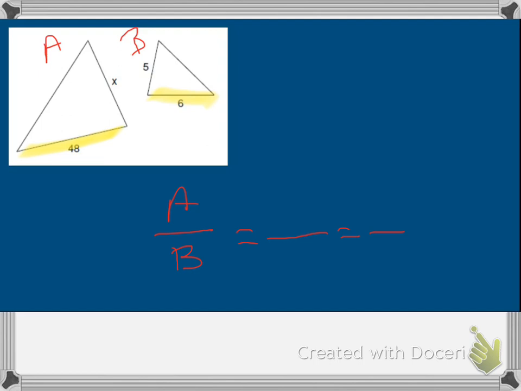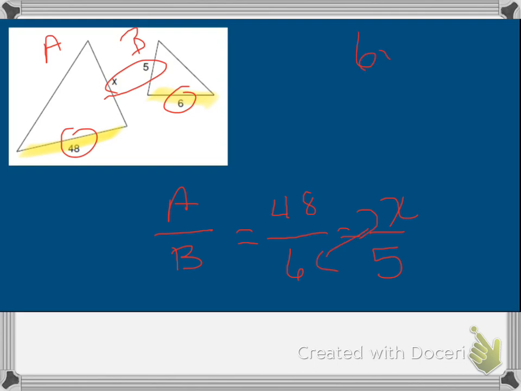So 48 will be on the top because that's in triangle A, and 6 will be on the bottom because that's what's in triangle B. And then triangle A is my X this time, is my unknown. And triangle B is 5. So I've kept these sides together in my proportions, making sure to be very careful I set it up the correct way. Now I'm going to use cross products.